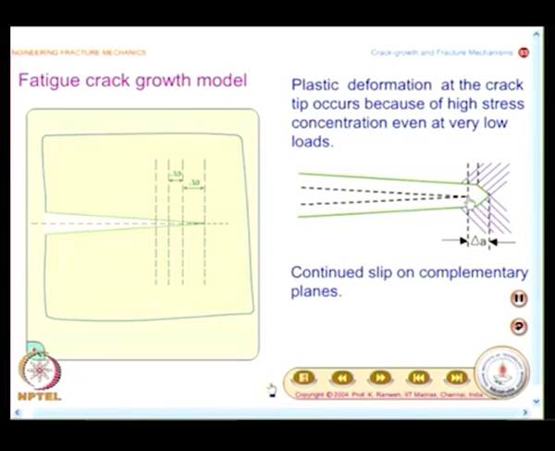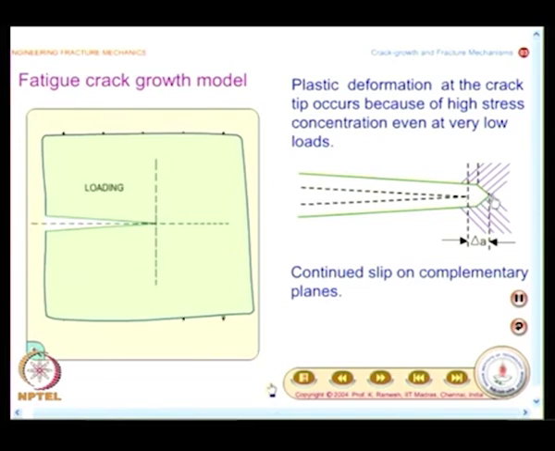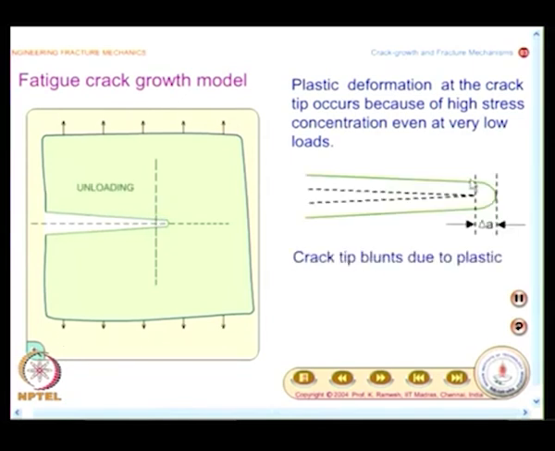So, what you find is the crack, which was originally like this, has taken a shape when you recognize that there could be slip on complementary planes. Nevertheless, you should recognize you have plastic deformation. So, nothing can remain sharp; the plastic deformation will deform it. You can reasonably anticipate the crack would blunt by itself.